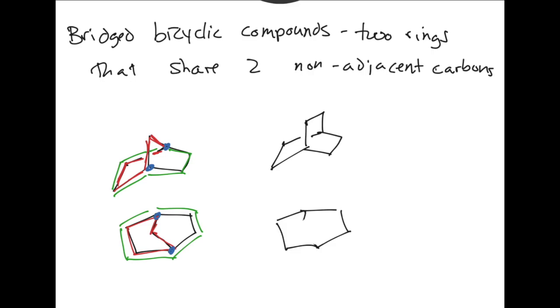That got ugly as well. We'll do it this way. Here's one 6-membered ring, here's that 6-membered ring, and then you have the 6-membered ring that goes around the outside.